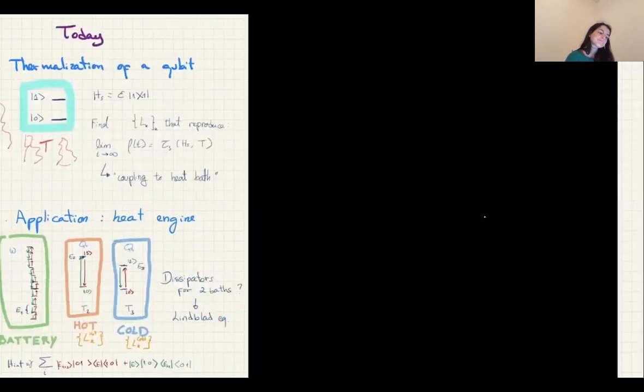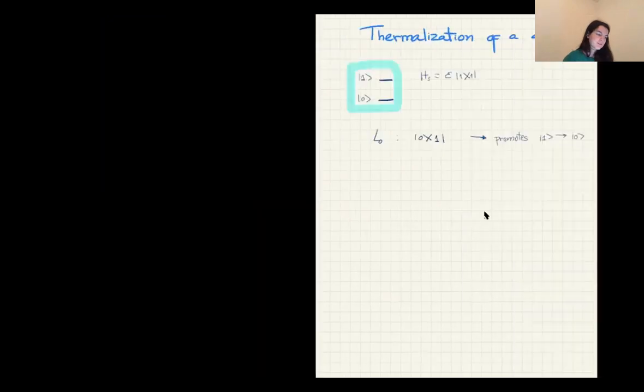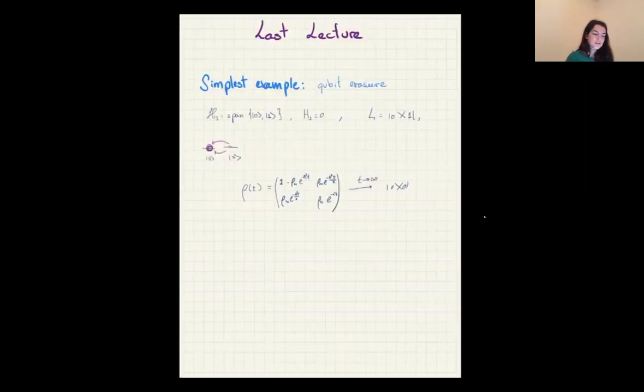Okay. So let's start. So we want this thermalization of a qubit, and what we know, well, we know that the Hamiltonian is just this, as we saw, and we know from the simple example that we saw before, so this example of erasure, here we had only one Lindblad operator, and you saw that this Lindblad operator promoted this transition, promoted this final state being 0.